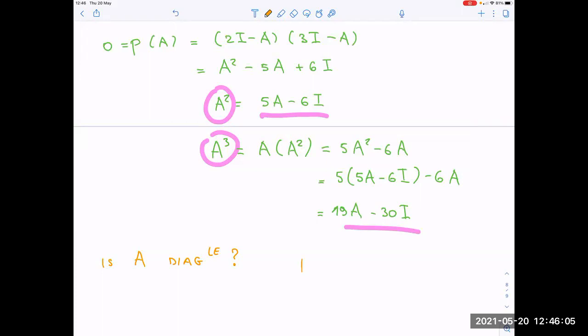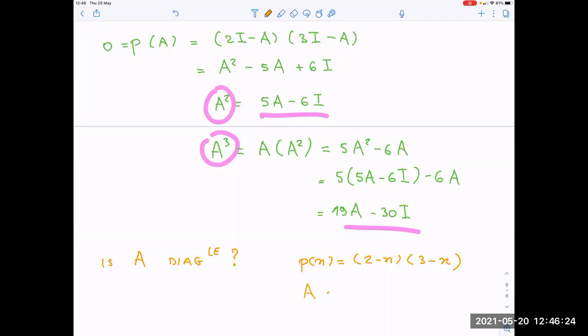Let me just remind you that we know the characteristic polynomial, right? 2 minus x, 3 minus x. Okay, you say yes, but can you tell me why it is true?